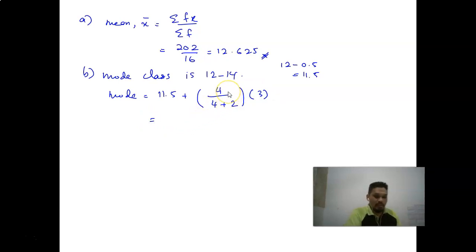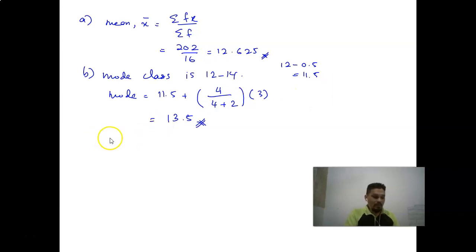So it gives us 11.5 plus 4 over 4 plus 2, multiplied by 3, which is 13.5. So the mode is 13.5.